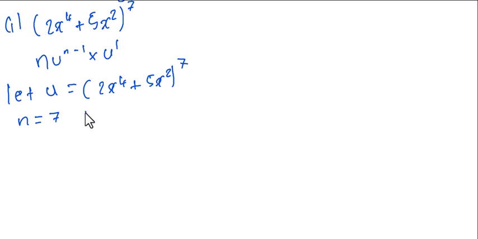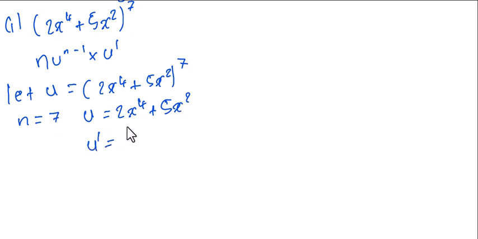Our u is 2x to the power 4 plus 5x squared. So we're going to find u prime. When we differentiate this with respect to x, we are told to differentiate with respect to x.